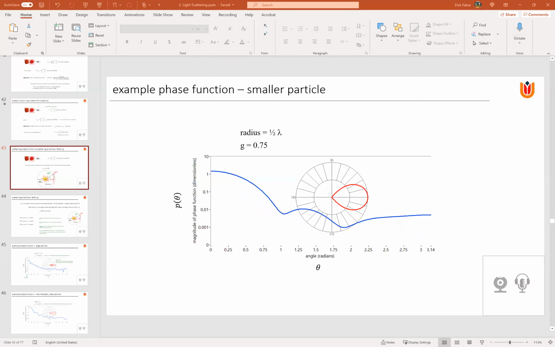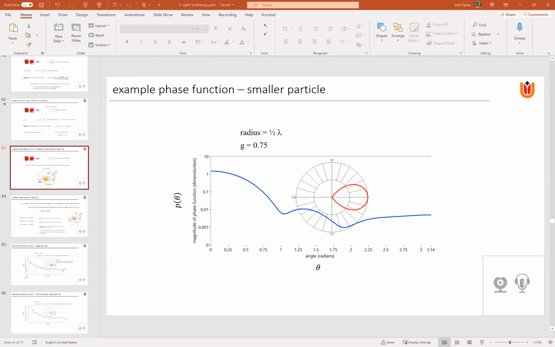If we then make the particle half the wavelength, you see a more clear shift. It is scattered not only in the forward direction, but more around. Still predominantly forward, with a G value of 0.75.